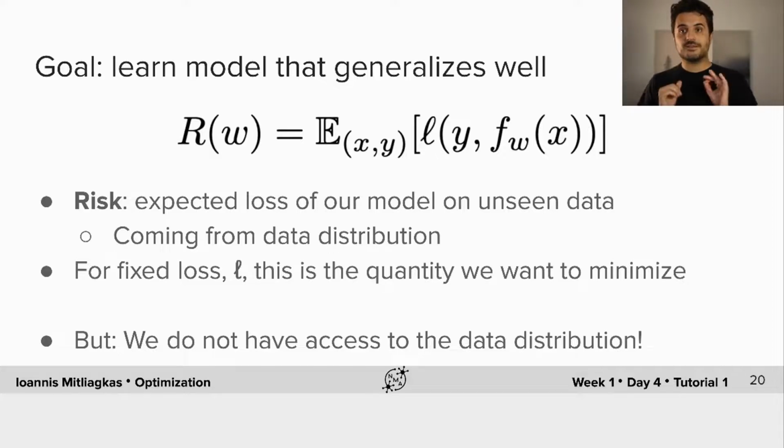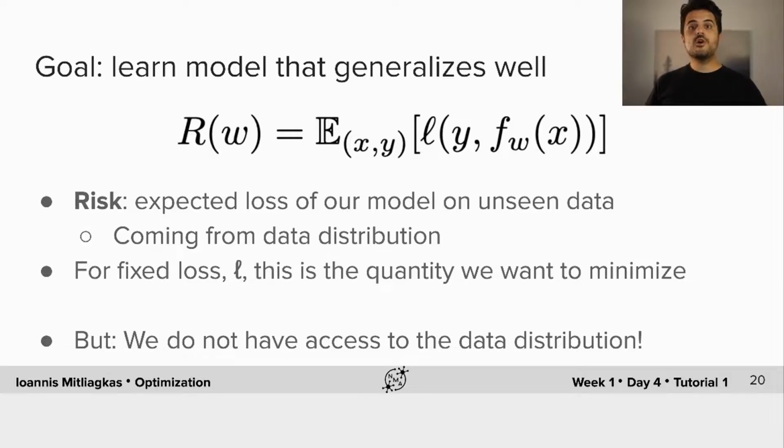Remember, we make this assumption that all data points x, y are drawn IID from the same distribution D. So given that there's a distribution on our data points, we can take an expectation of the loss for unseen points x, y. Are we making a good prediction? Ideally we want this risk to be small, and if we had our way, we would be minimizing this risk.